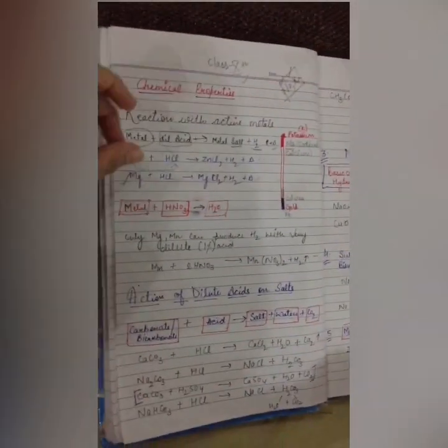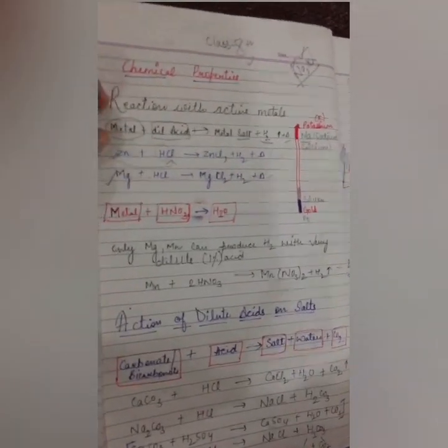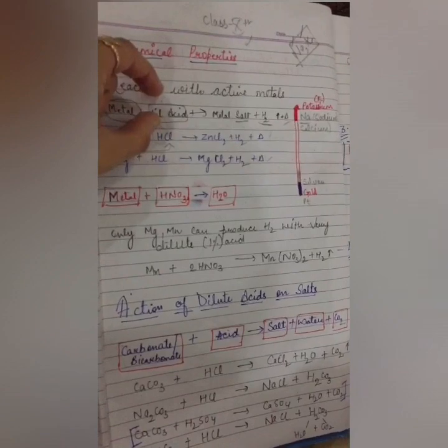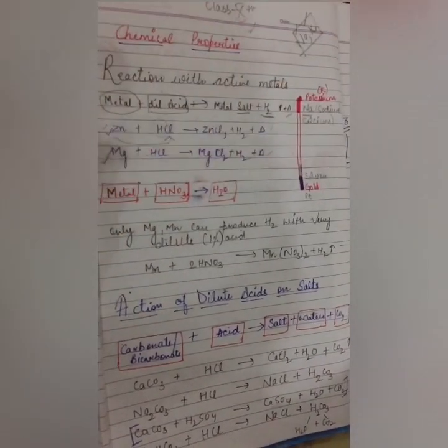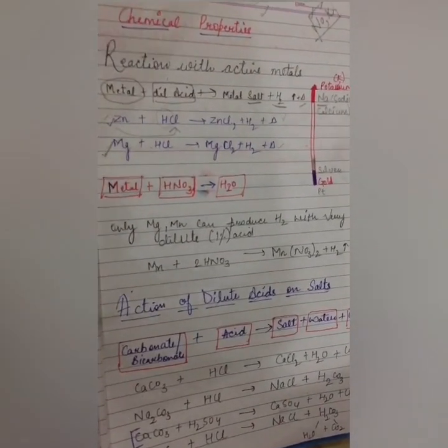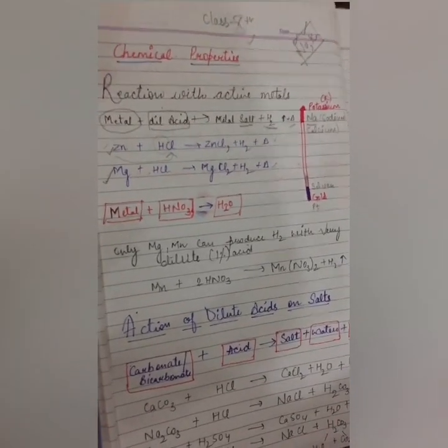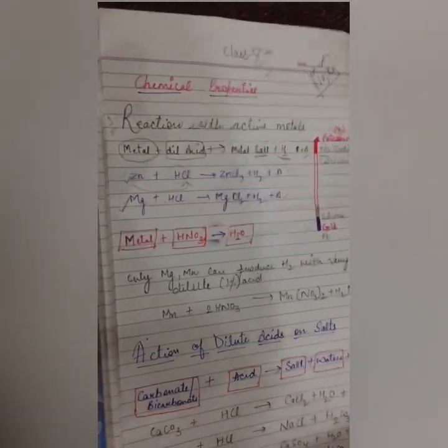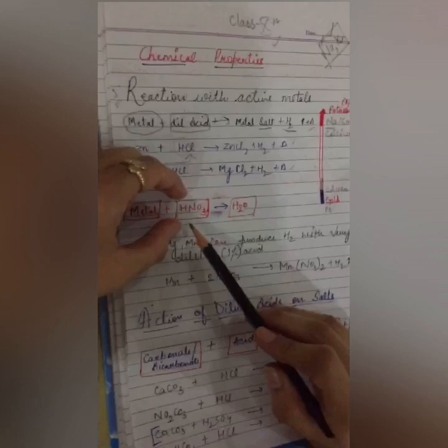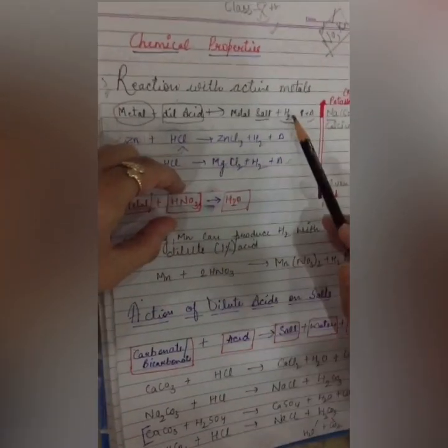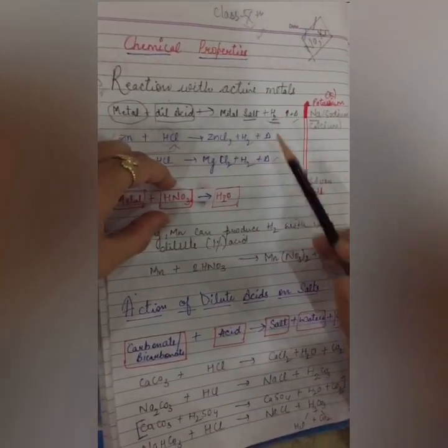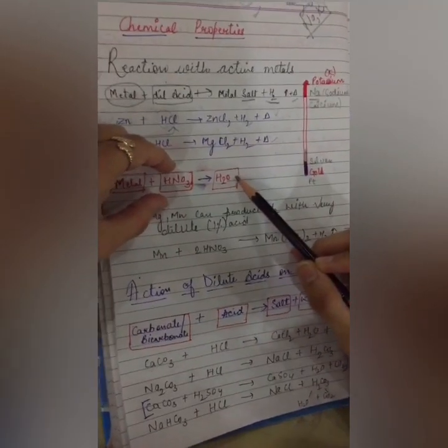I have said that any metal reacting with acid will give salt and hydrogen gas. But there is one acid, nitric acid. When we react a metal with nitric acid, instead of forming hydrogen gas, it will form H2O. Why?